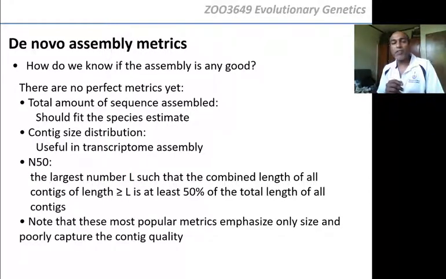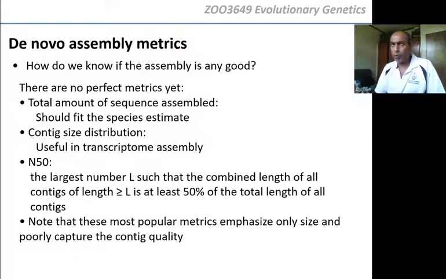So if your N50 number is like 30, that means that at least 50% of all your contigs are above 30 kilobases. And that's good.